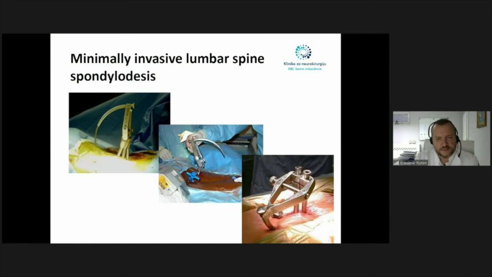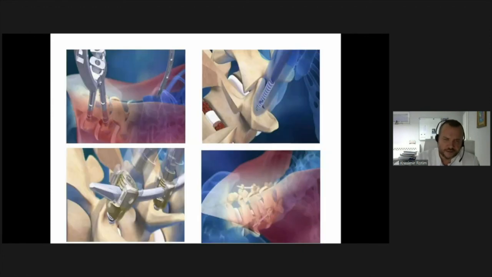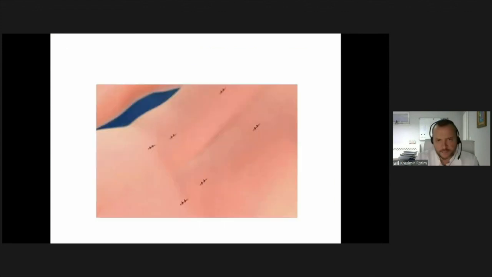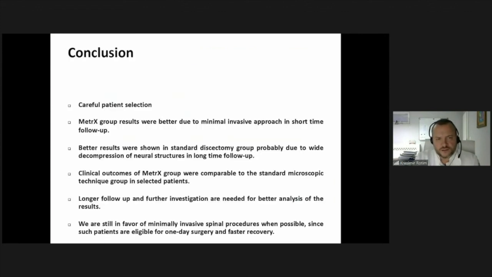The spondylodesis can be done with minimal invasive techniques, but this is not the topic now, and it would exceed the time that I'm consuming. And in conclusion, if you carefully select your patients, choose the right surgical methods, and have experience in doing tubular or endoscopic discectomy, we experienced that the tubular discectomy groups were better in the short-term follow-up, but the standard microdiscectomy had better results in a longer follow-up.